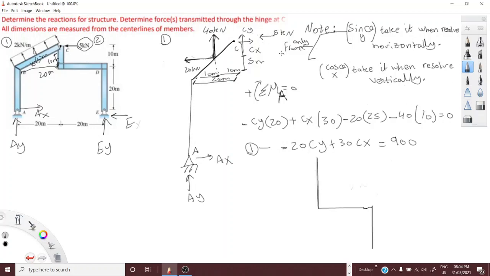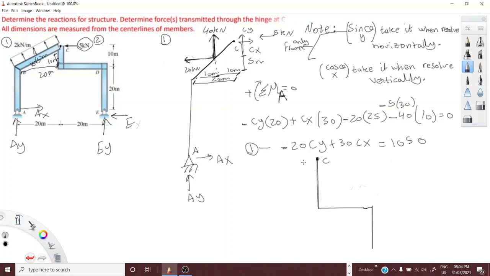So it's counterclockwise, minus 5 kilonewton, since we go like this, times its perpendicular distance, which is 30. So minus 900 minus 5 times 30, which is, change this into 1050.